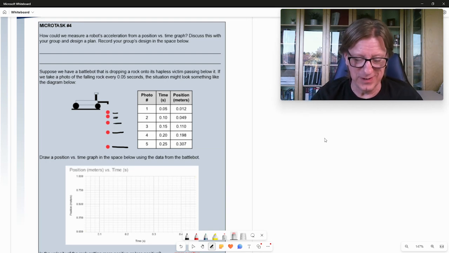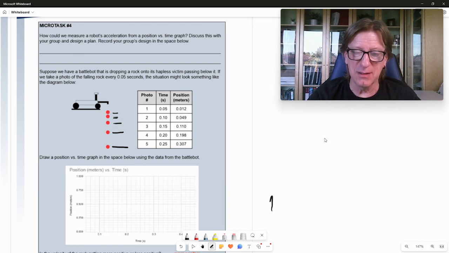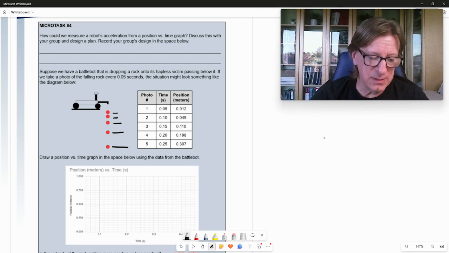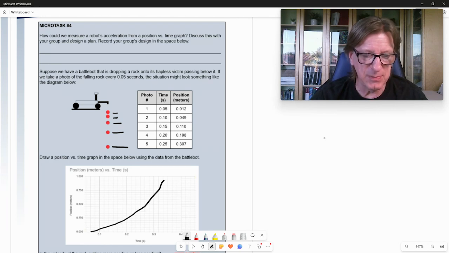It's very important. We already know what our graph should look like in general terms, but now we want to get precise with it. If you were to plot it, you'll get something that looks something like this. I'm just going to sketch it. That's our characteristic acceleration curve.